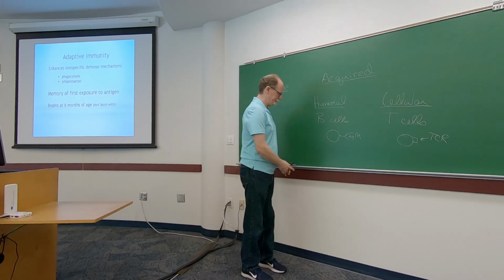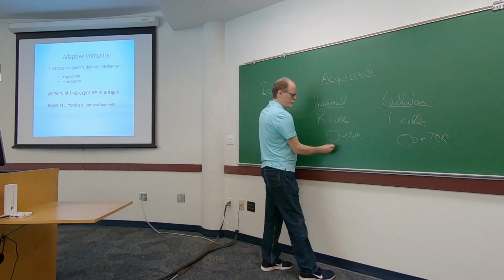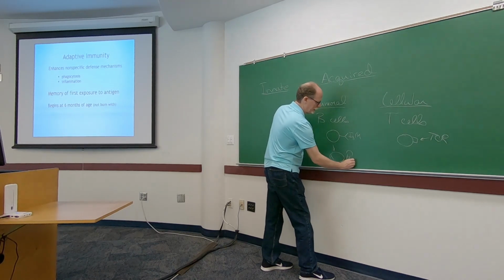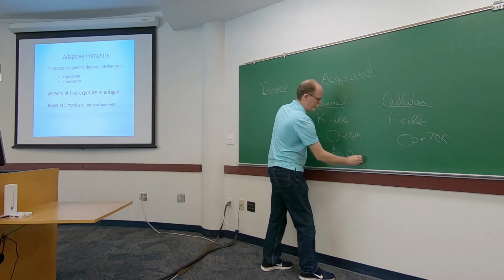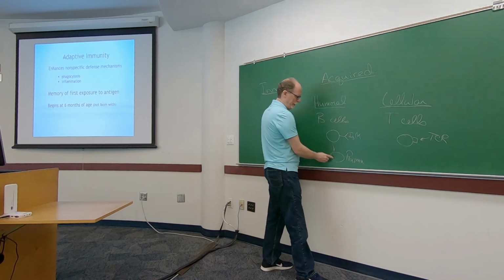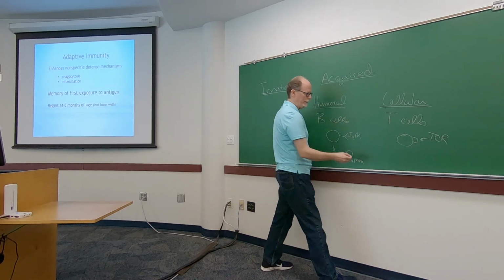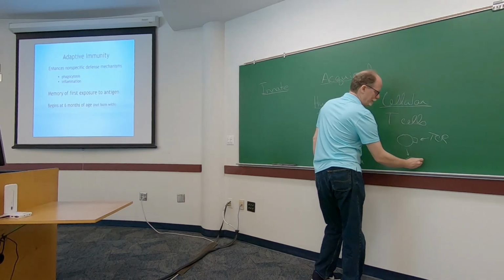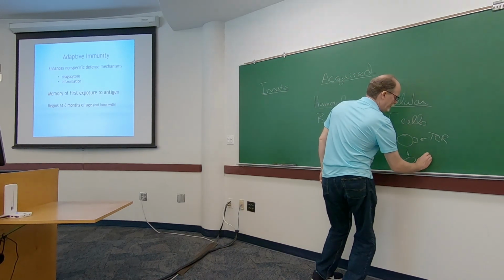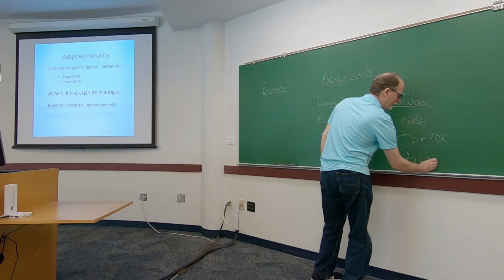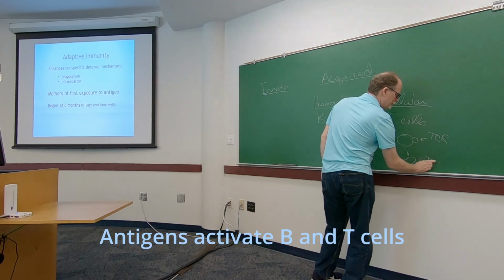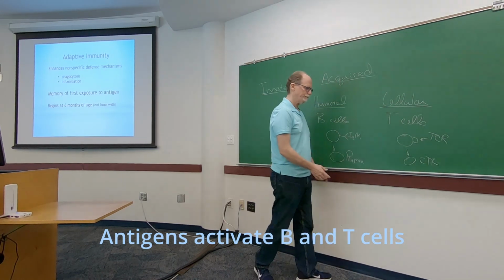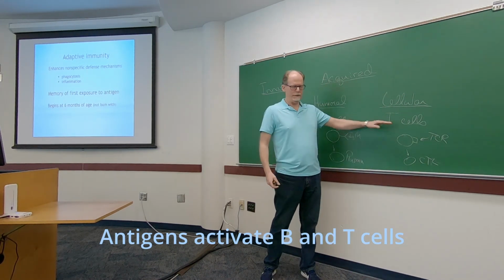If the antigen sticks, then the B cell turns into plasma cells in response to the antigen. The plasma cell makes antibodies. We say the T cell turns into, I like to use cytotoxic T lymphocyte. Cytotoxic T lymphocyte, CTL, is an activated T cell.